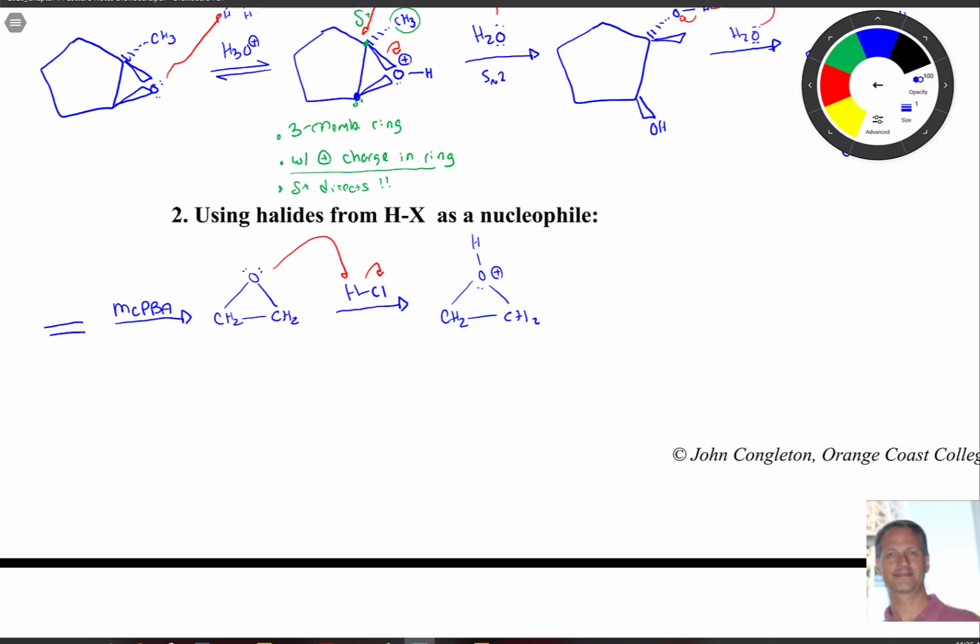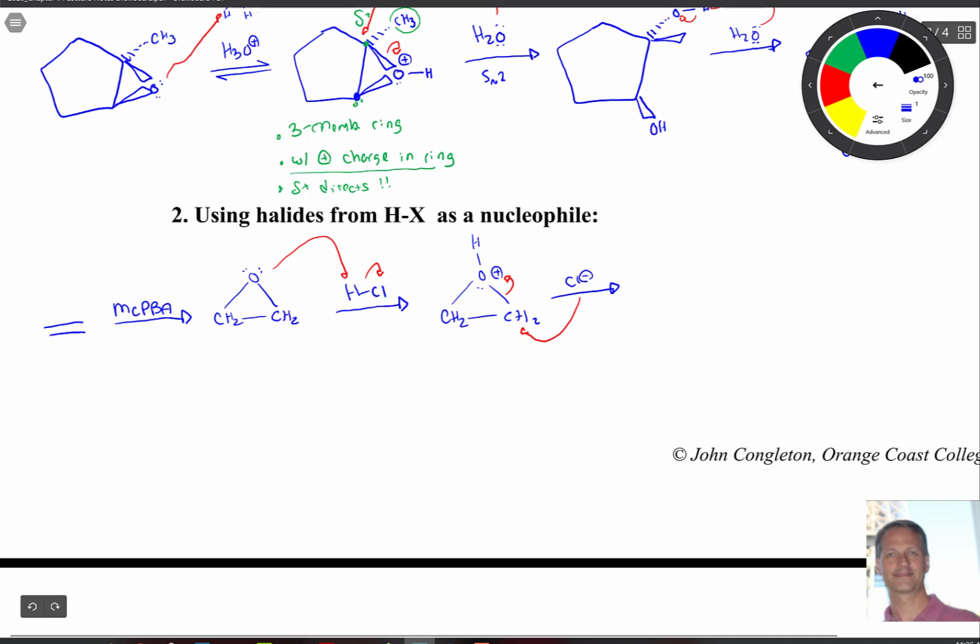And then we have a ring opening essentially here. So chloride, right? This is like the cleavage of the ether that we saw in the previous reaction. It's just going to come over here and react at one of these sites.